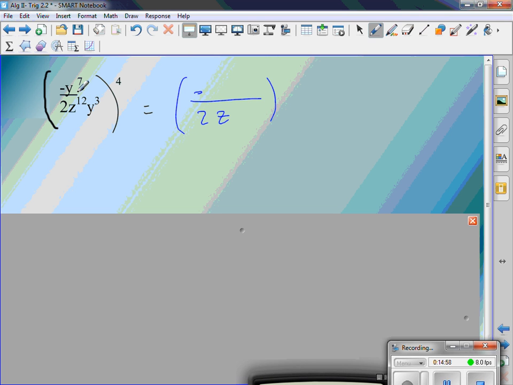I have a negative. Here's my y's. Where do I have more y's at? Top. How many more on the top? Y to the fourth. I simplified before I distributed. Now I'll distribute.